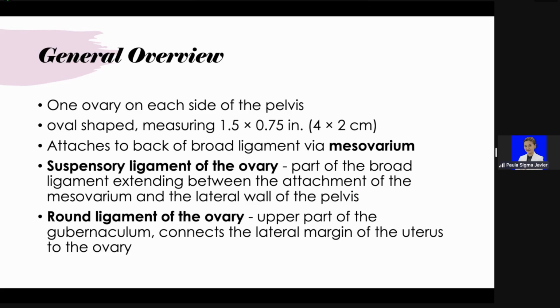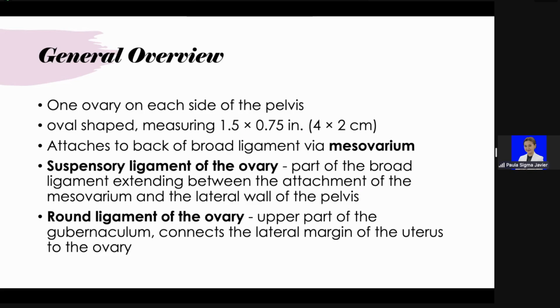So when we discuss the broad ligament later on, we will be discussing the other parts as well. And then we have the suspensory ligament of the ovary. This is also part of the broad ligament. As I mentioned earlier, this one attaches the ovary to the lateral wall of the pelvis. This is also where you will find your ovarian vessels, the suspensory ligament.